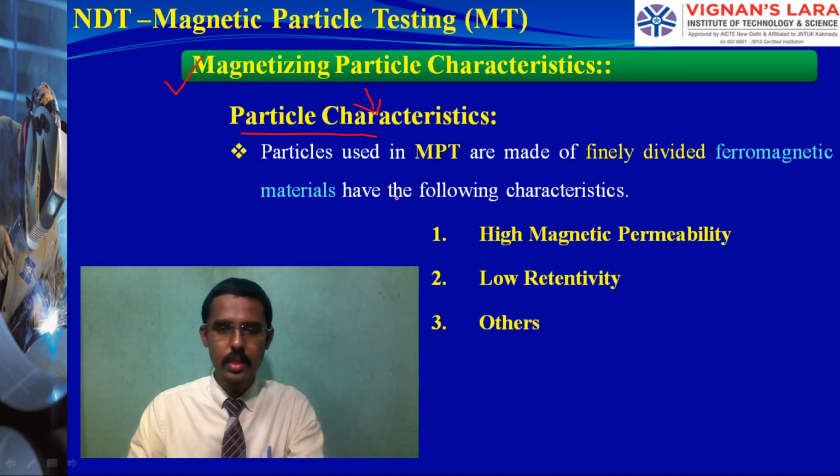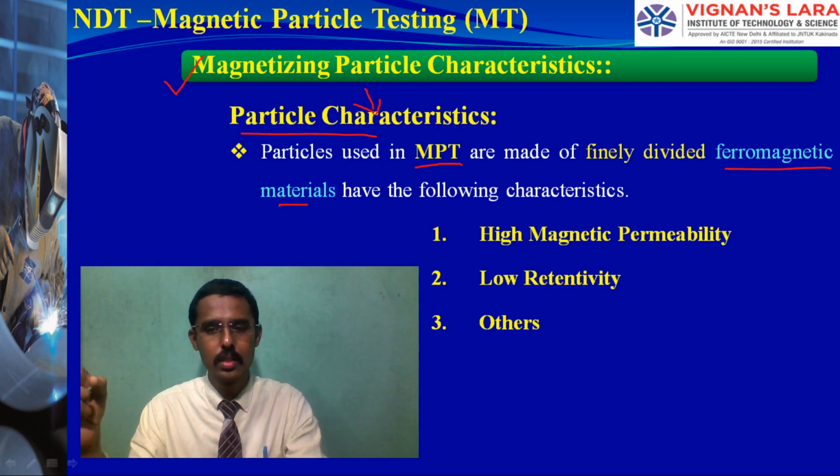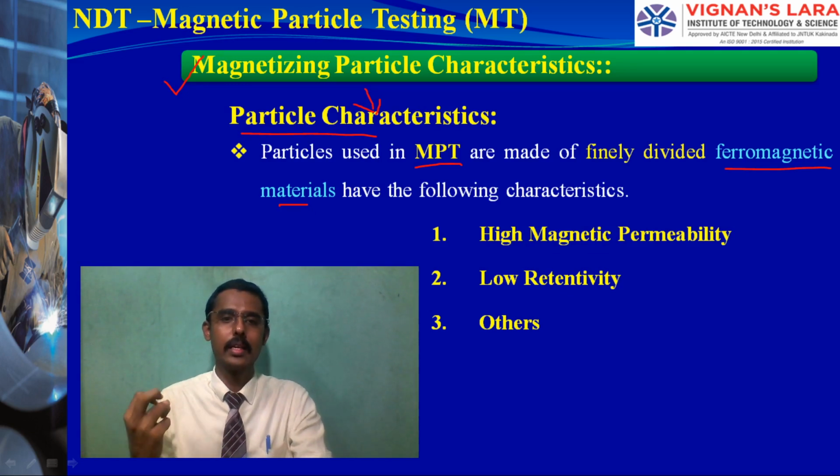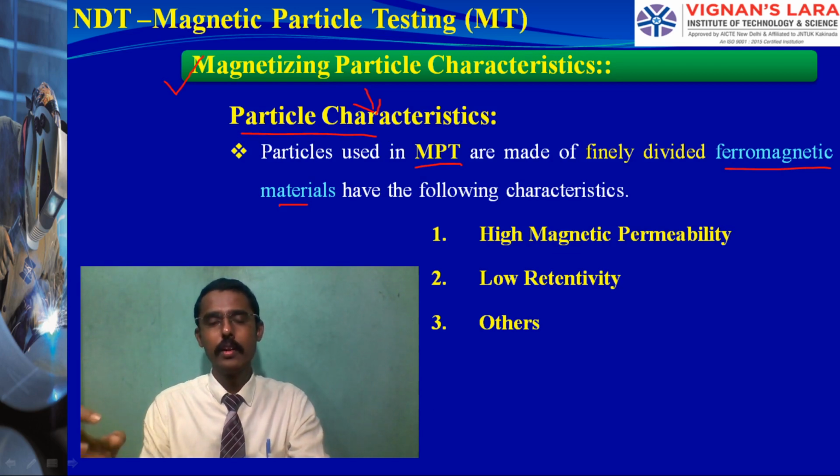The particles used in magnetic particle testing, MT, are made up of finely divided ferromagnetic material. We know this. Magnetic particle testing can only be done on ferromagnetic material because we want to do magnetization.